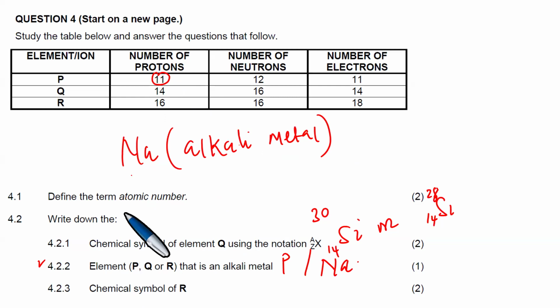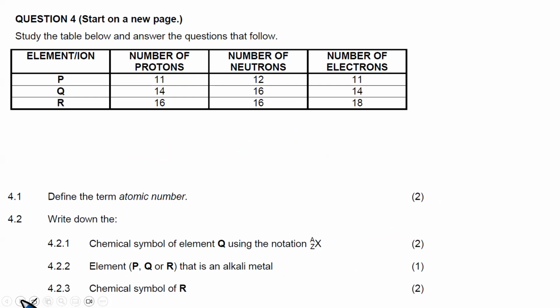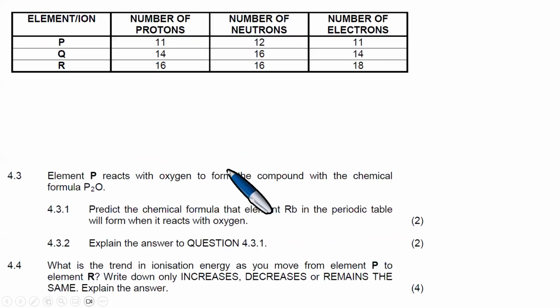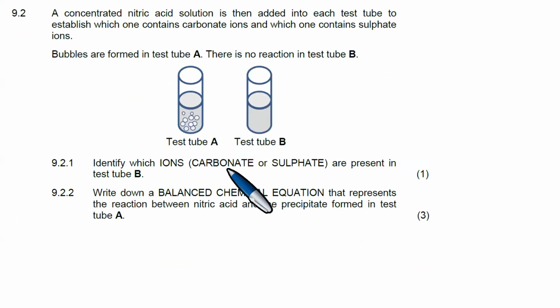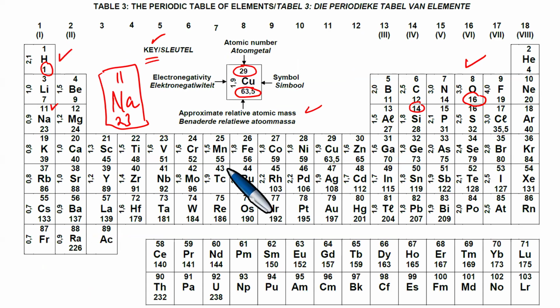Okay, so we continue. Now the chemical symbol of R. What is the chemical symbol of R? The chemical symbol of R that has 16 protons. Let's check. Atomic number 16. Atomic number 16 is sulfur.